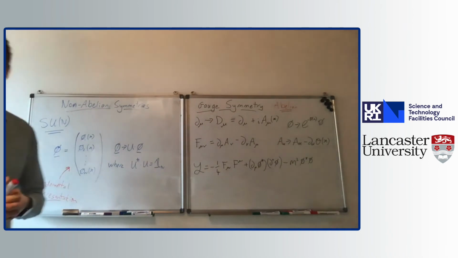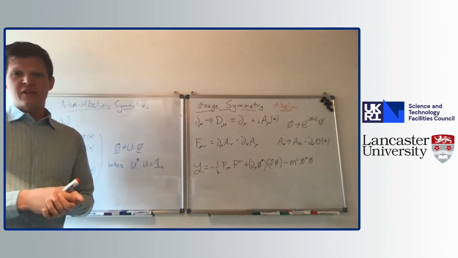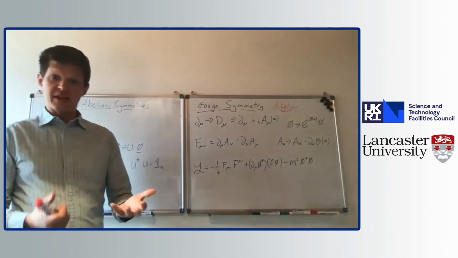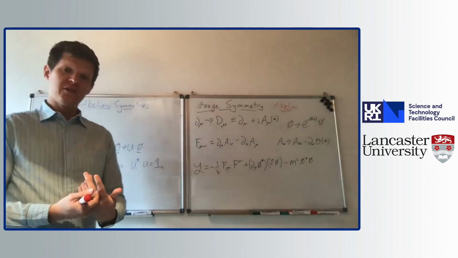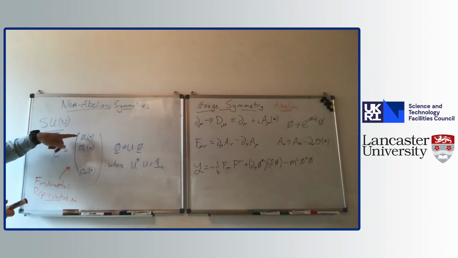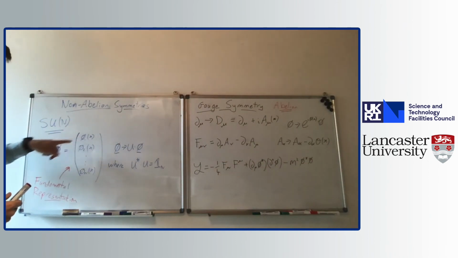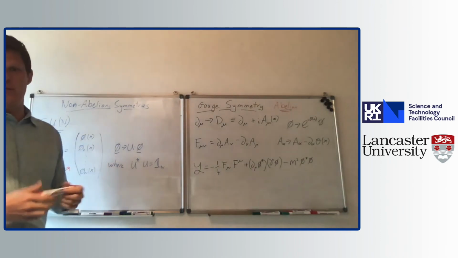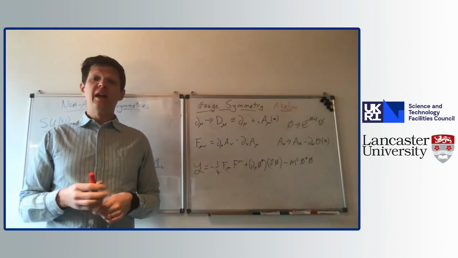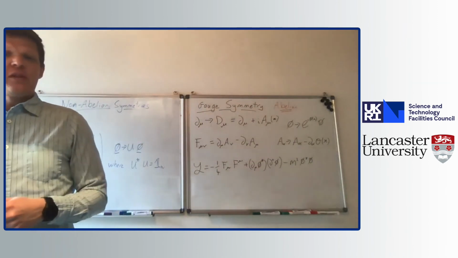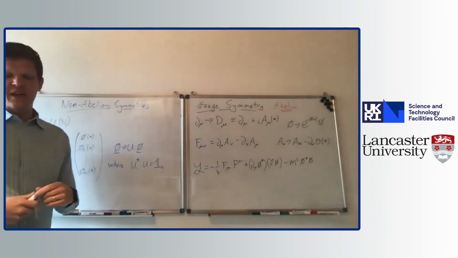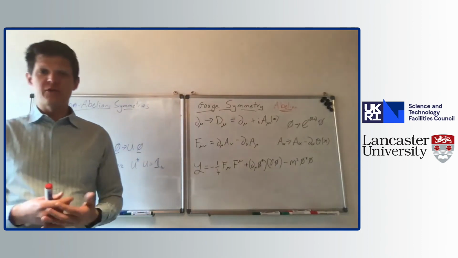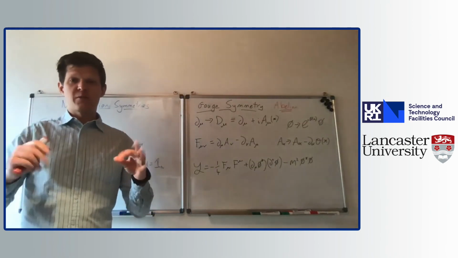The only types of representations we will come across in the standard model are fundamental representations. They're fermions in most cases. Oh no, that's not quite true. These would be a vector of fermions for the sort of matter representations we come across. We won't talk about it a huge amount, but the gauge fields themselves will be in a representation called the adjoint representation, which just transforms in a slightly different way.